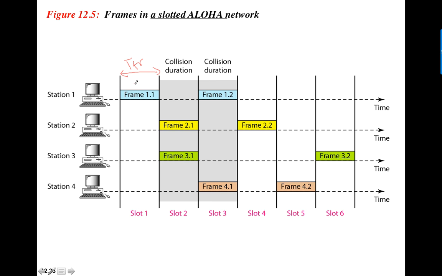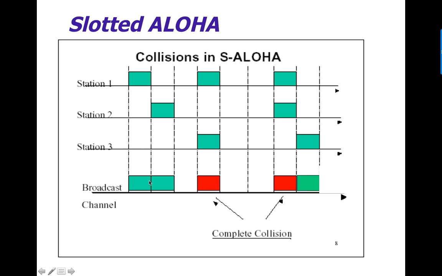So this is success, collision, collision, success, success, and success. So this is your channel, the broadcast channel. And in here, you have this frame successful because there's no one else transmitting in its time.